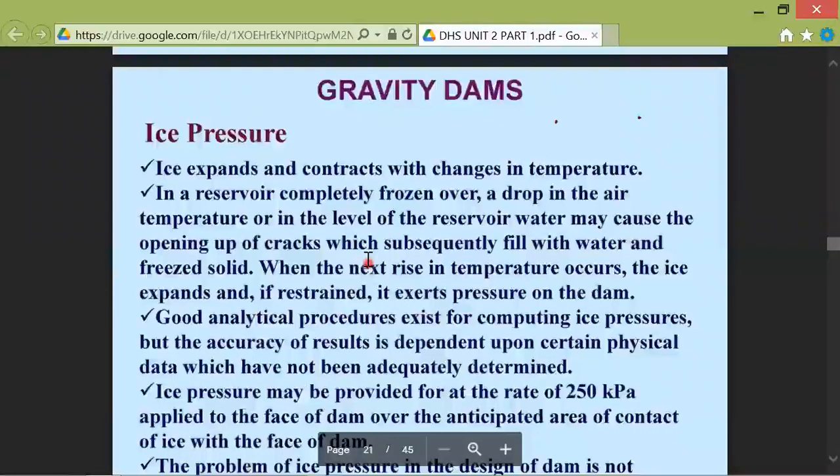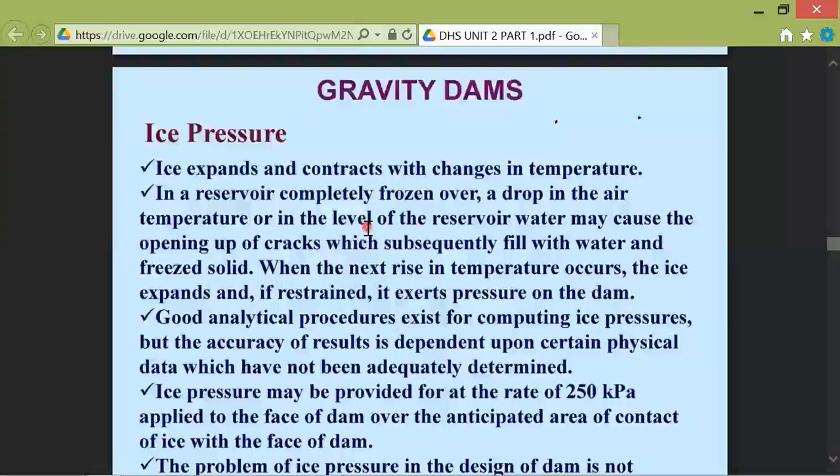Now ice pressure is there. Now in India we don't have that much snowfall, but in northern India, in the Himalaya region, we are having this type of snowfall, and a huge amount of ice is there in Jammu Kashmir, Uttarakhand, such states.